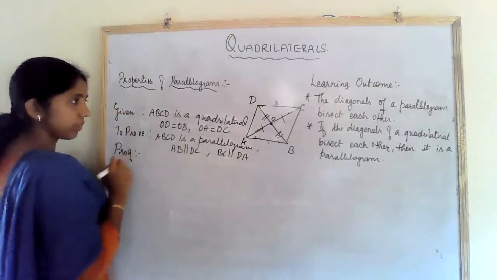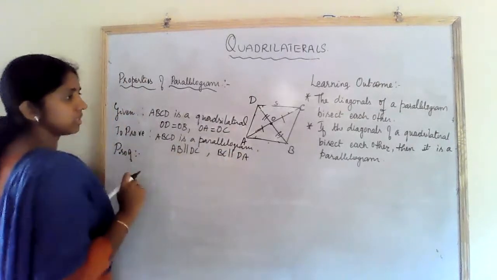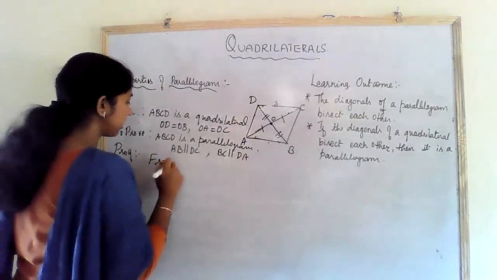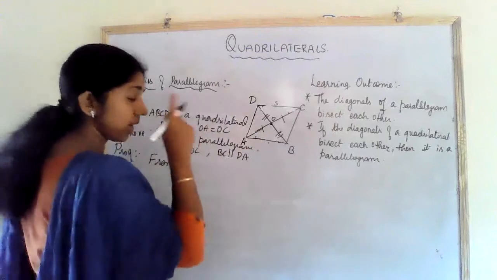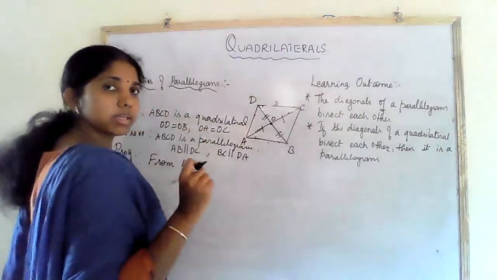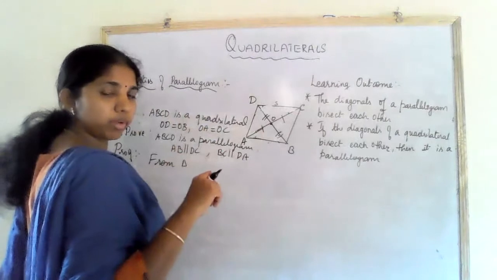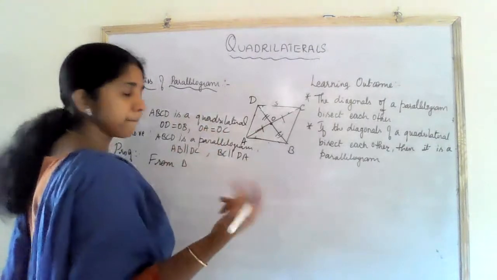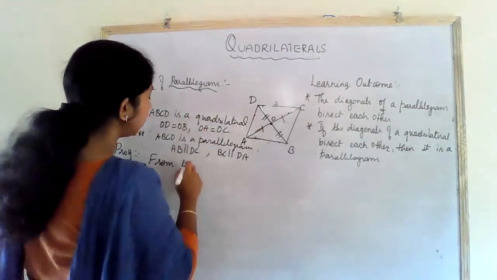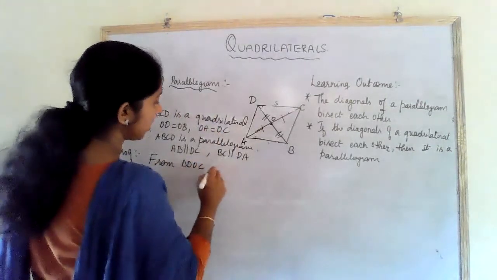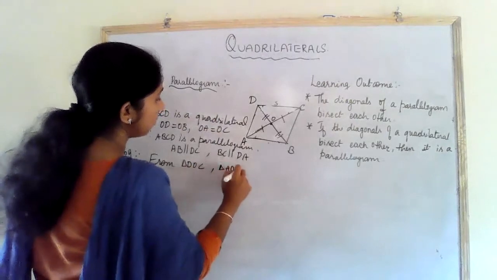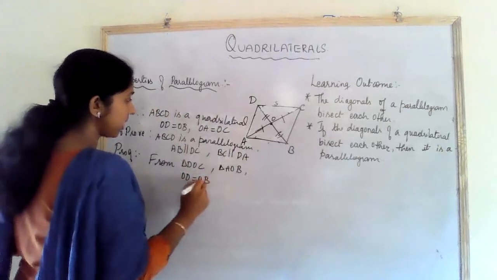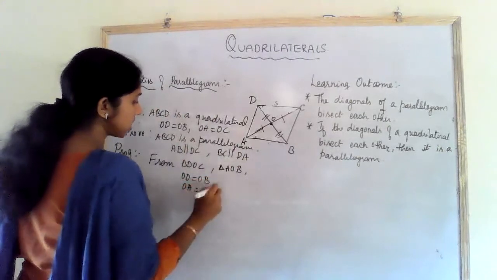So we'll start with the proof. Again we are going to take the same triangles. Earlier we proved that alternate interior angles are equal; once you prove alternate interior angles are equal, those two lines have to be parallel. From triangle DOC and triangle AOB, we have OD equal to OB and OA equal to OC, which are given.